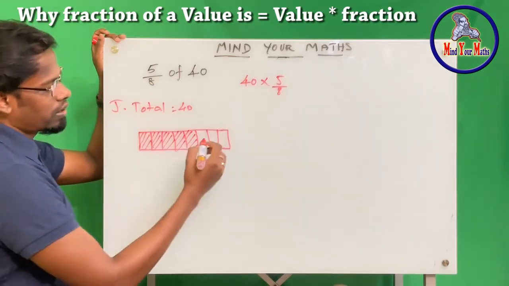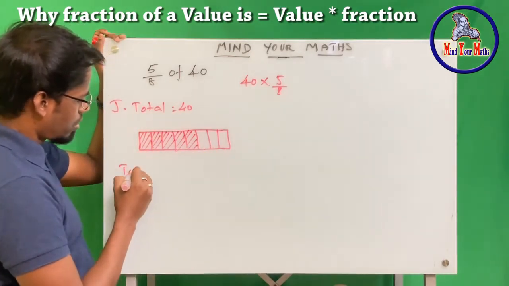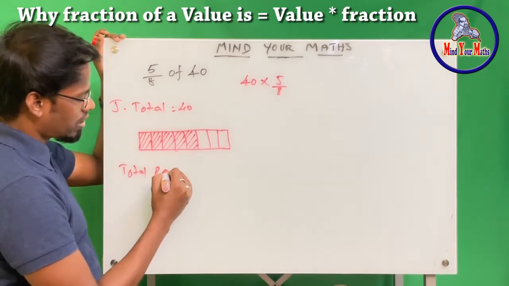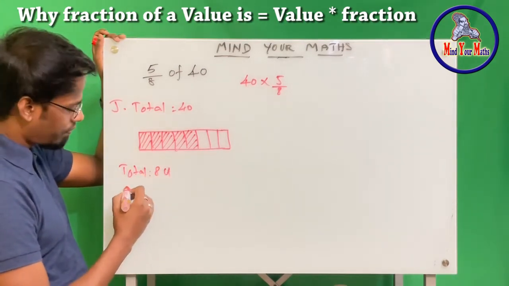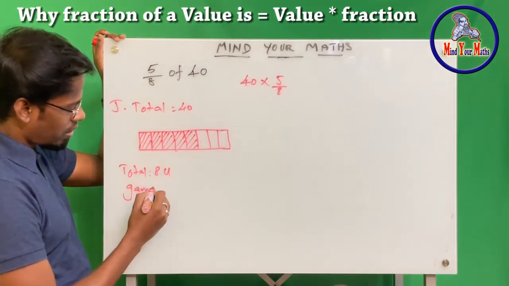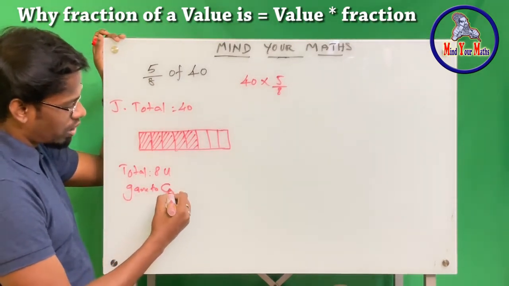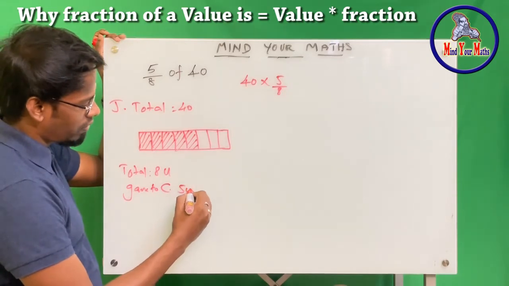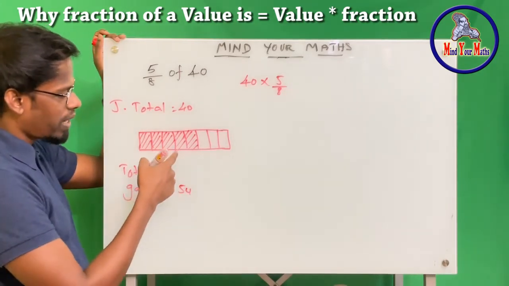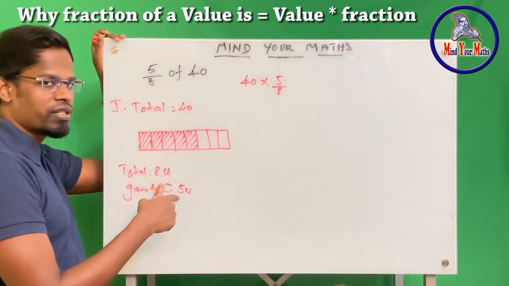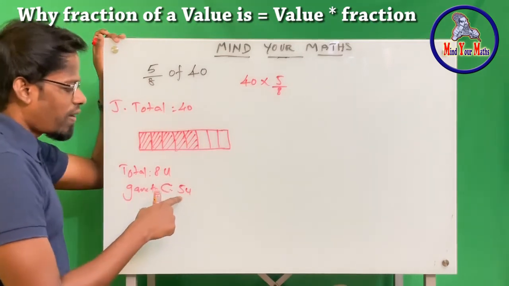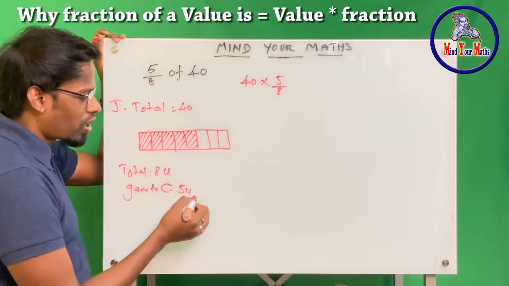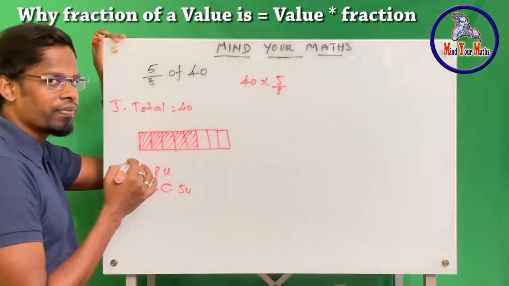He gave 5 units. So in total, how many units? 8 units. And he gave Charles how much? 5 units. So from 8 units he gave 5 units to his brother. To find out how many apples Charles got, what do we need to do?